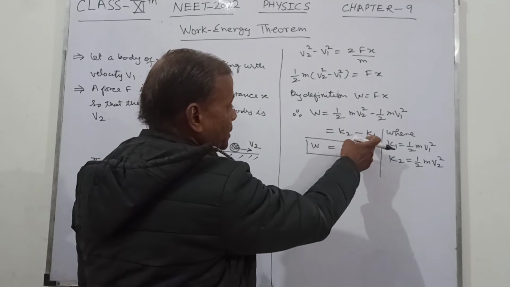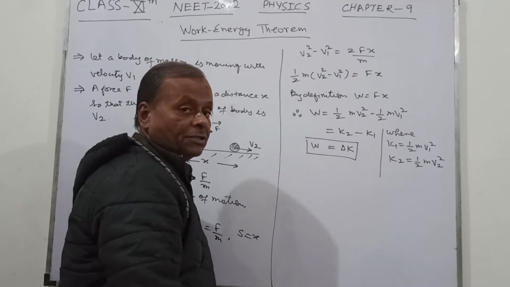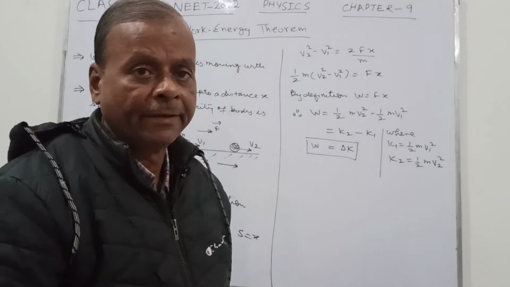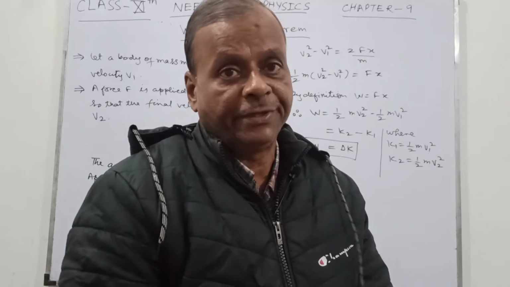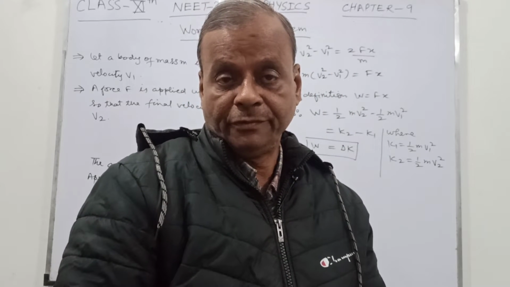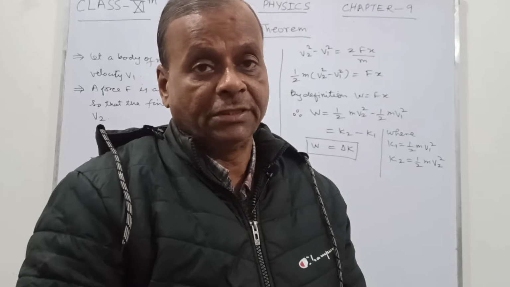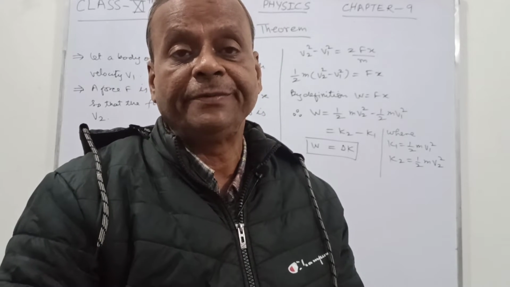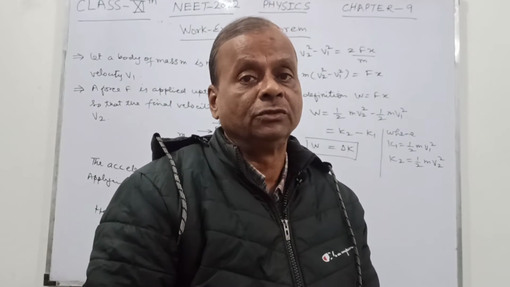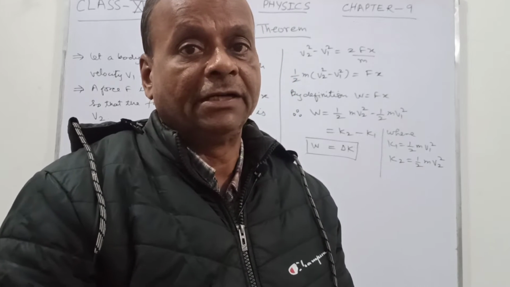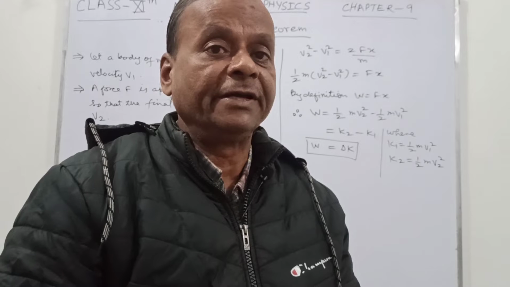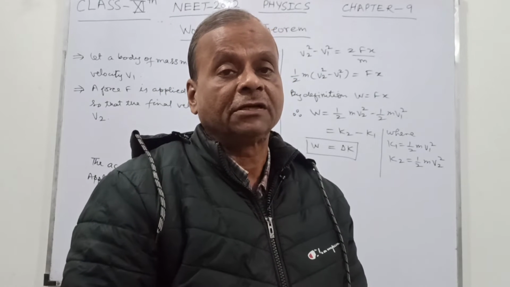So K2 minus K1 equal to the change in kinetic energy. So in this article, I have shown that the force is being applied in the direction of the velocity. Then the velocity is increasing, but force may be applied opposite to this one also. So the kinetic energy will decrease, and always we are having a term, the change in kinetic energy.